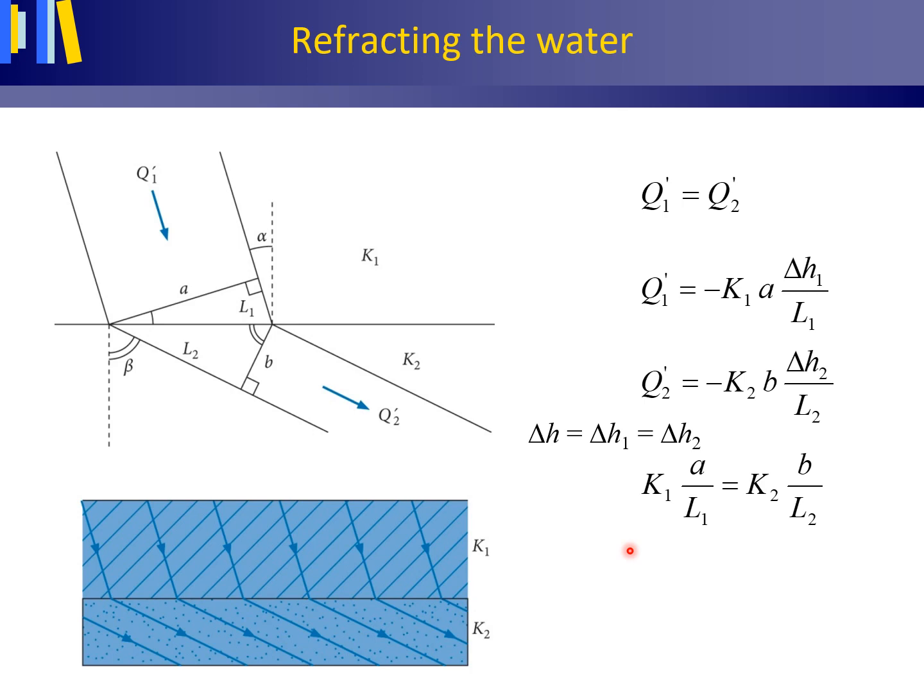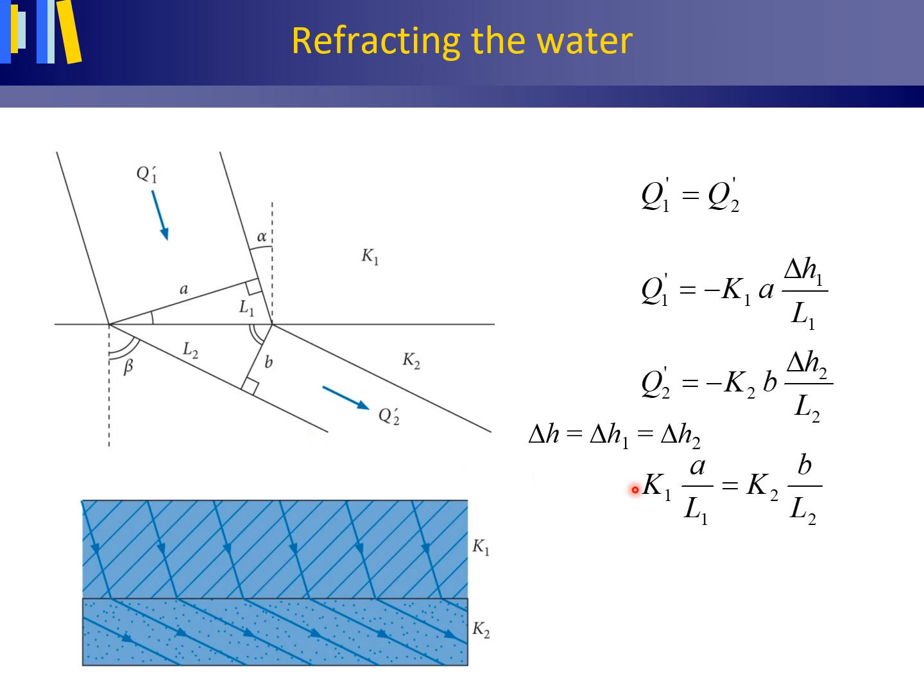Please note that the tangent of alpha equals L1 divided by A. Angle alpha, here we have 90 degrees minus alpha, so also here we have the angle alpha. And that the tangent of beta equals L2 divided by B. Here we have beta, here we have 90 degrees minus beta, so here again we have the angle beta.